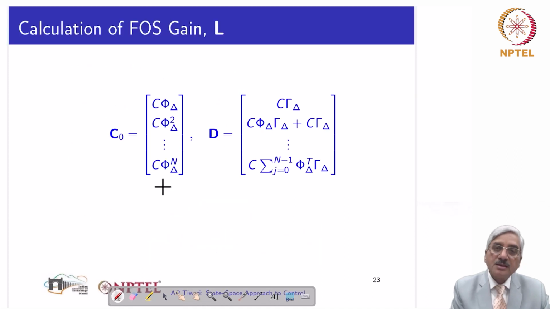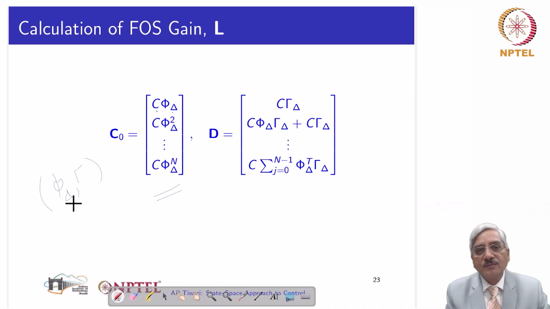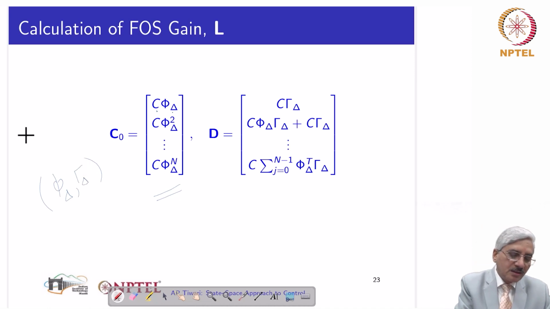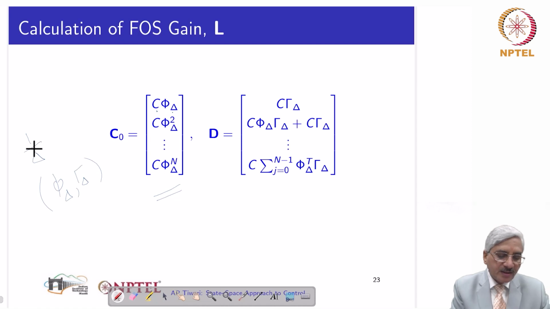They are given here. C0 is C into phi delta. Phi delta, please remember, is the state transition matrix or the system matrix for the continuous time system sampled at the rate 1 by delta. So phi delta and gamma delta are matrices characterizing that sampled data system in which the sampling rate is 1 by delta. So C0 is given by this relation.